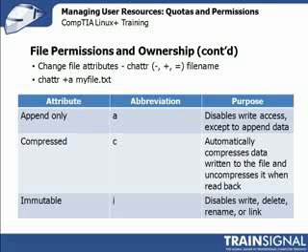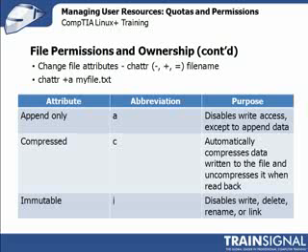The first attribute is append only, which is abbreviated with the lowercase a, and that disables write access except to append data. Compressed is abbreviated by lowercase c, and that automatically compresses data written to the file and uncompresses it when it's read back. The immutable attribute is abbreviated with the lowercase i, and that disables write, delete, rename, or link access to a file.